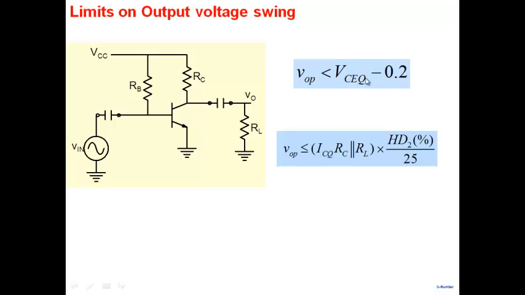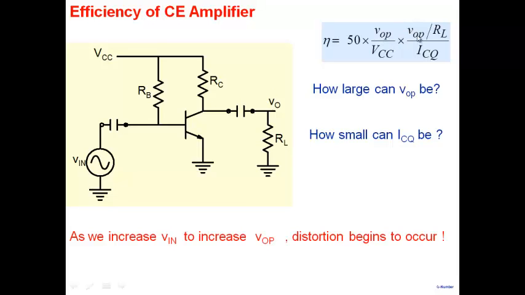That's the limit that comes from saturation. And this is the limit that comes from harmonic distortion. We have seen both of these limits earlier, that these are the two limits that decide the value of VOP that I can have. This will tell me the highest VOP that I can have, and once I have the highest VOP, then it will tell me the highest efficiency that I can have.